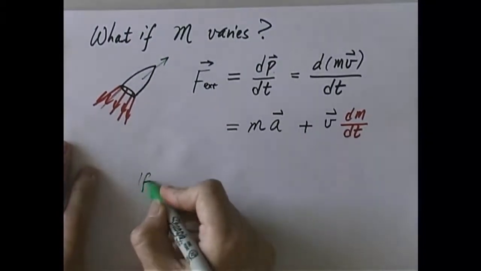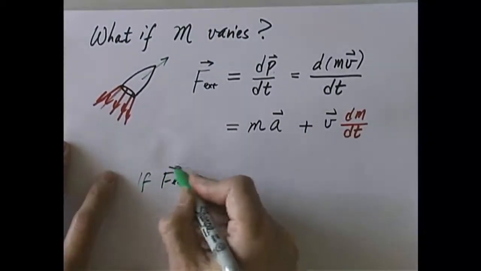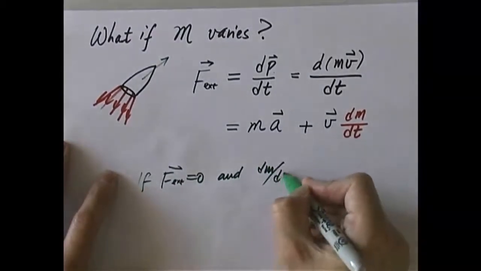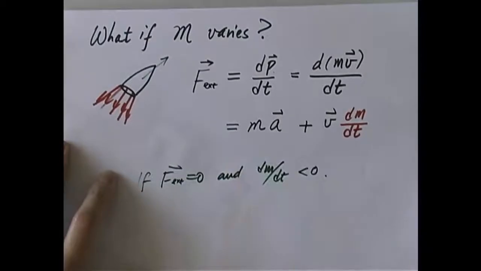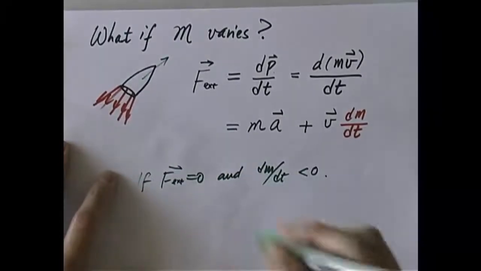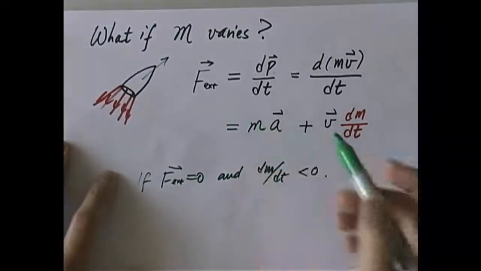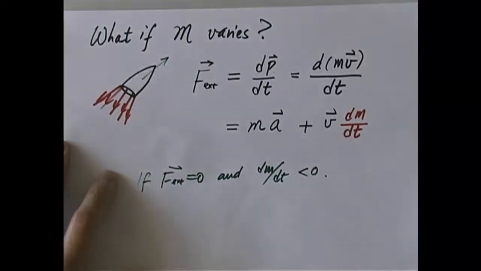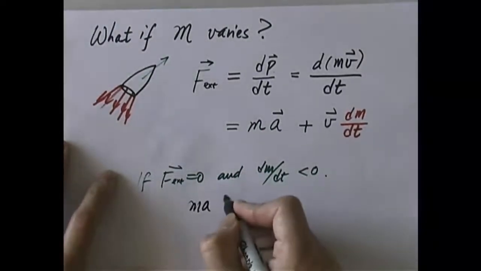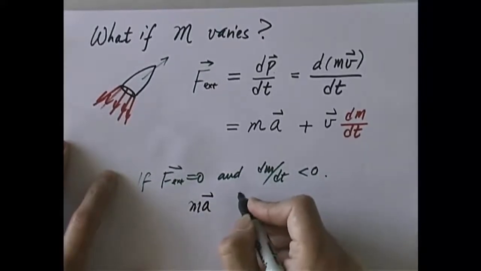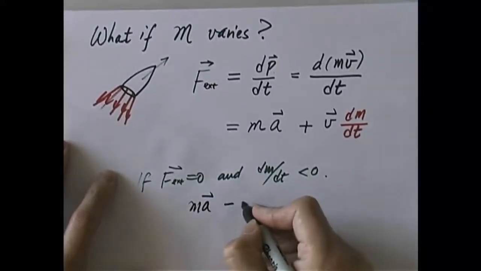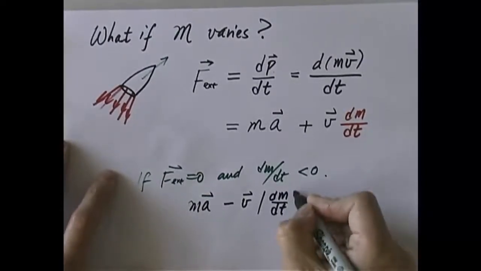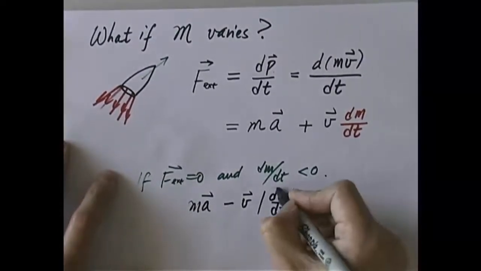I can write this explicitly. So if F external equals 0 and dm dt is less than 0, so that's the case of a rocket burning fuel, then I can write 0 equals ma plus v dm dt. So I have ma minus v times the absolute value of dm dt equals 0. Let me explain why.